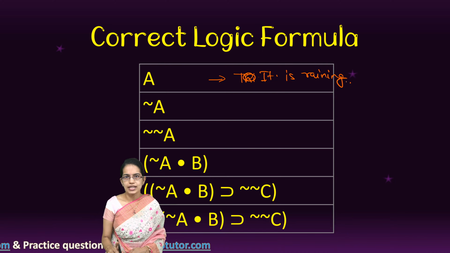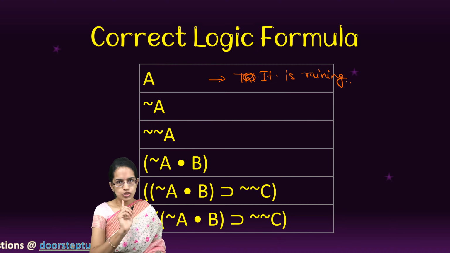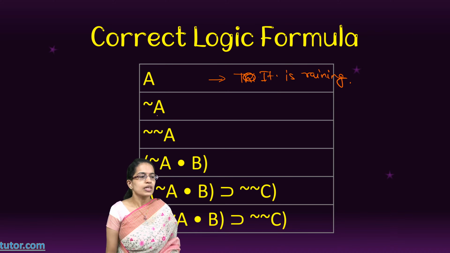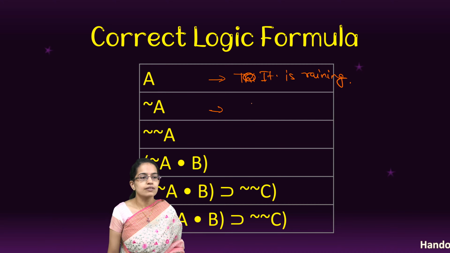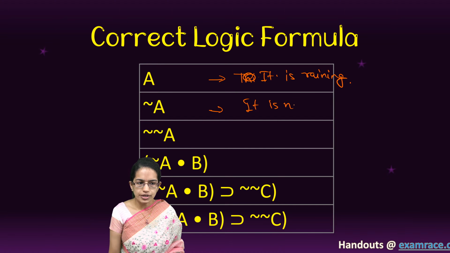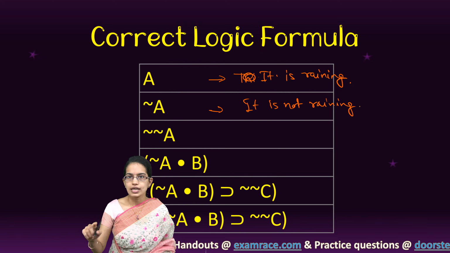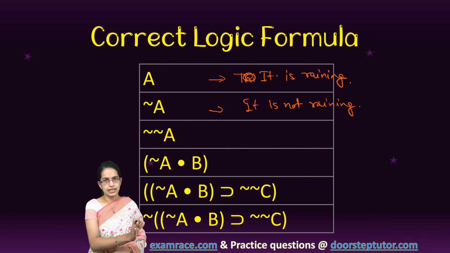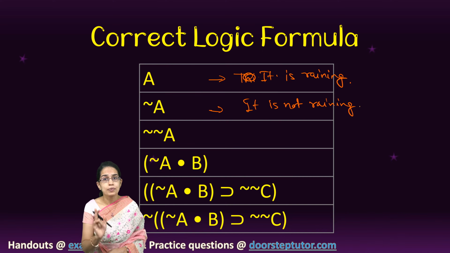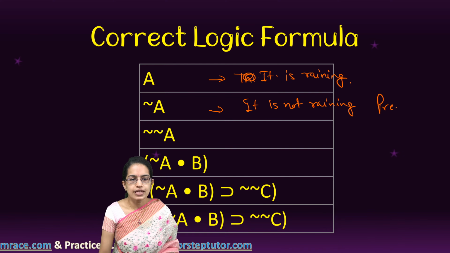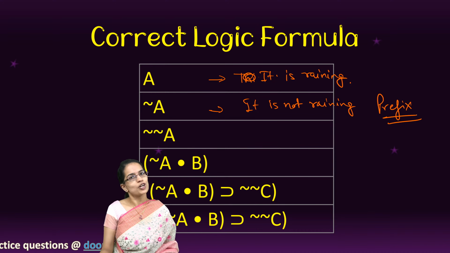It is in capital letters, and based on the first rule, the capital letter, this is correct. The second one is again correct, which says it is not raining. Why? It is correct because I am putting a tilde sign which is before the capital letter. It is a prefix. So be very careful. It is a prefix and therefore is correct.